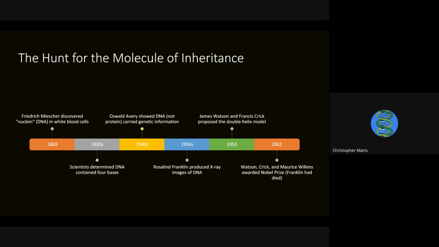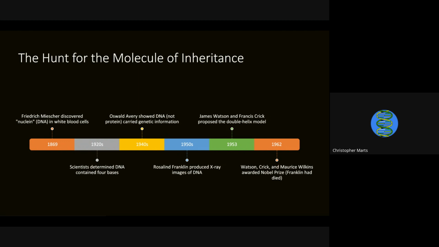So just getting into a brief timeline of DNA history here. We start out in 1869 with Friedrich Miescher, who discovered what he called nuclein in white blood cells. That's what we would call DNA today. Remember, this is only a couple decades after Robert Hooke first discovered cells.